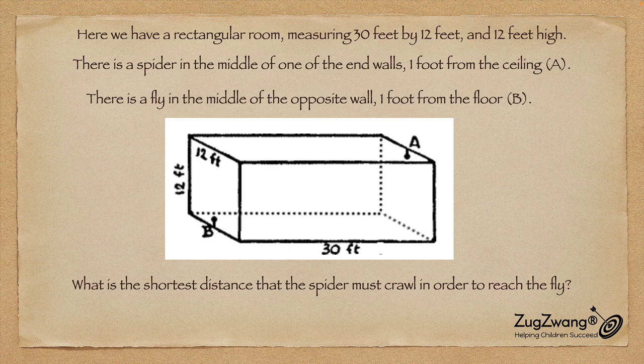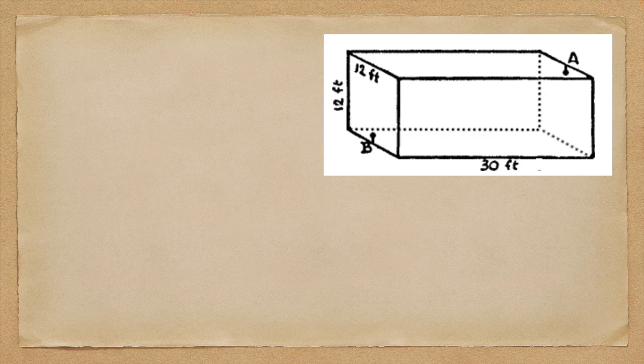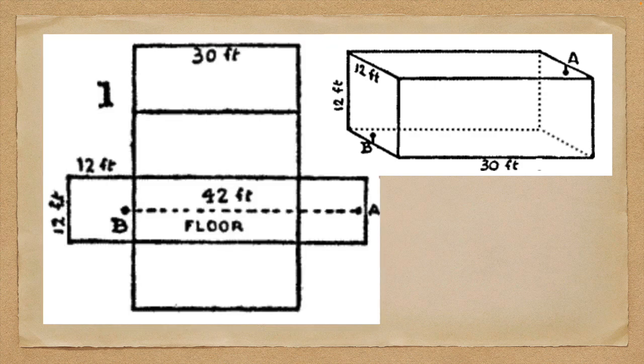For instance, the way I would look at it is to ask how many different surfaces the spider will have to crawl through to go from point A to point B. The simplest one is going through 3 different surfaces.